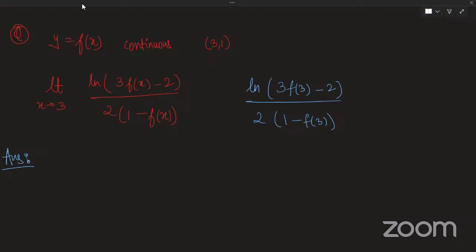See, the function is passing through the point 3 comma 1. What does that mean? It means that if x is equal to 3, your y is equal to 1, right? Yes, sir. So that means f of 3 is 1.